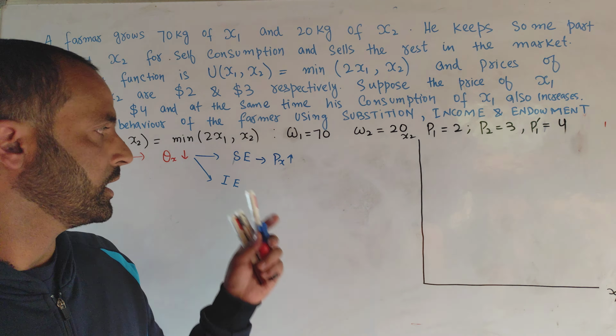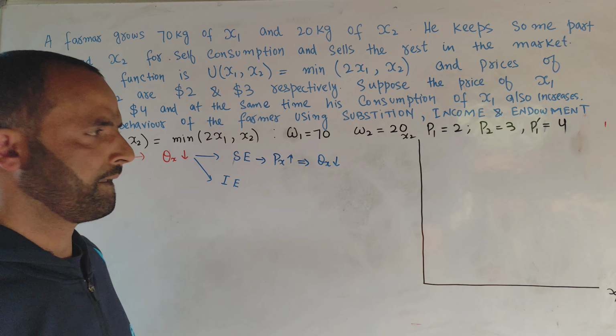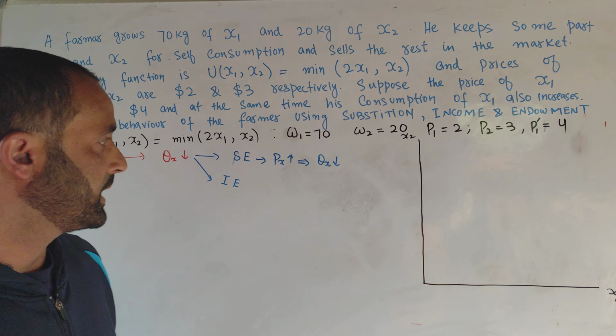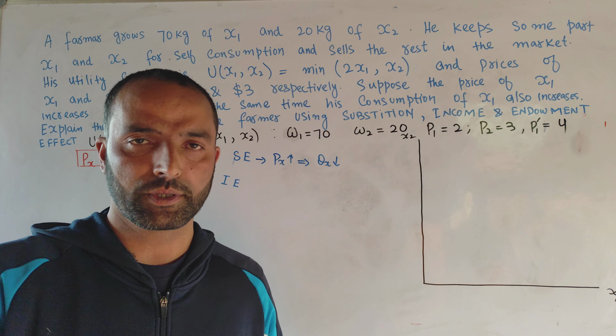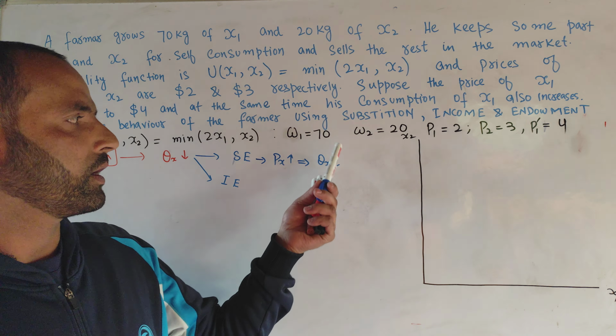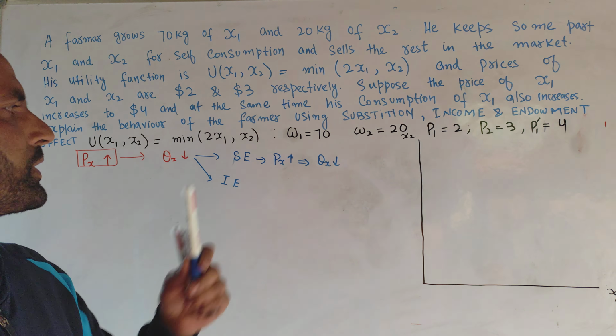So obviously he will substitute and consume less of good X, because it has become expensive and the consumer has substitutes. This is what we call the substitution effect. Then we have the income effect.